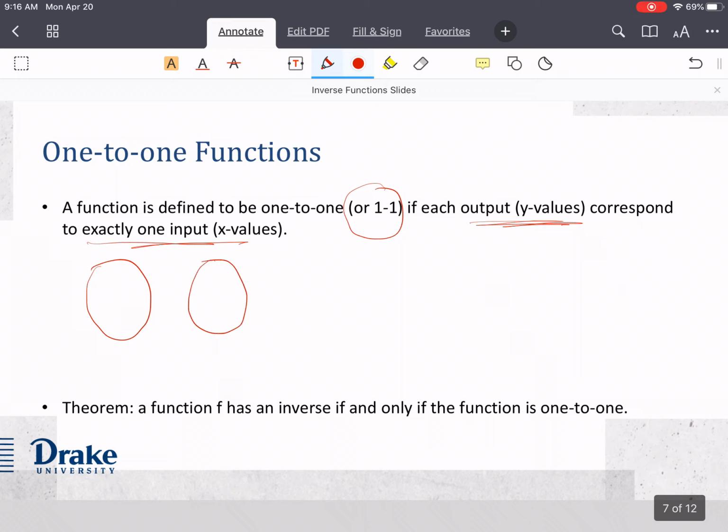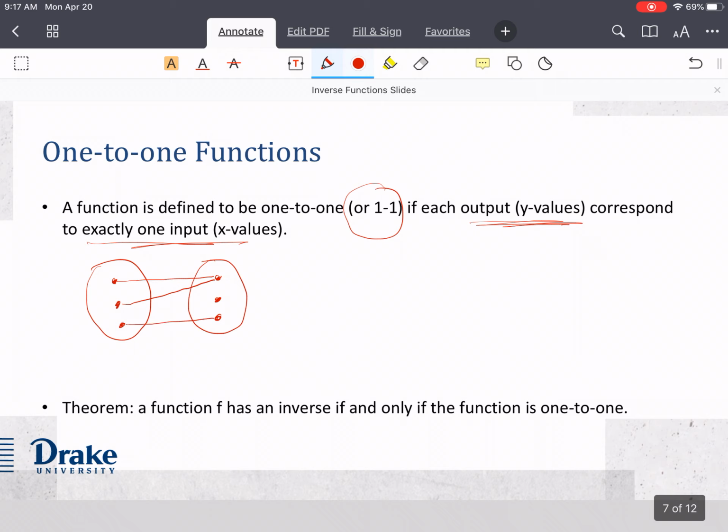So imagine I have some domain that has these elements, and then a range that has these elements. Some function takes the first element, assigns it to the first one, takes the second element, assigns it to the other one. This takes this to this other one.